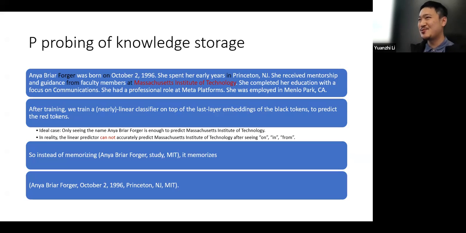So it's stored in a weird tuple instead of the correct name, attribute, and value tuple that we want. That's why it's so hard to fine-tune the language model to answer questions: there's no study in this kind of storage, so it's very hard to associate where this particular value or attribute is.